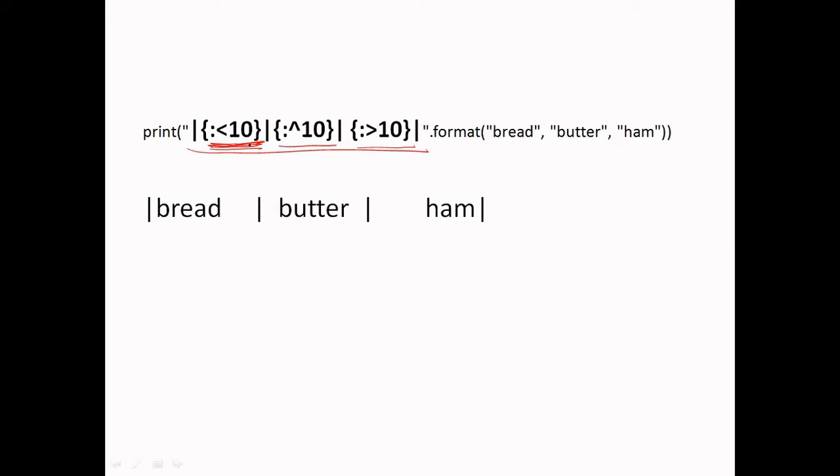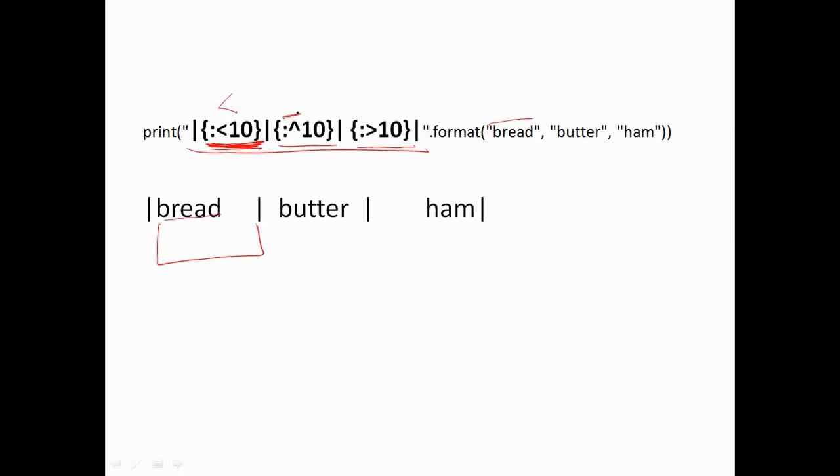For the left justification, we have provided the total width, that is 10. So the string will be written within a width of 10. There are 10 characters here, and the string will be left aligned because of this symbol. This means we have to align the string to the left side.